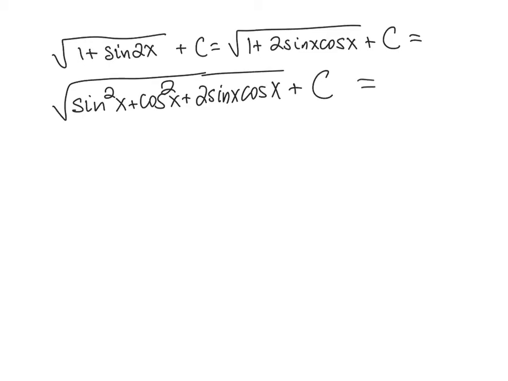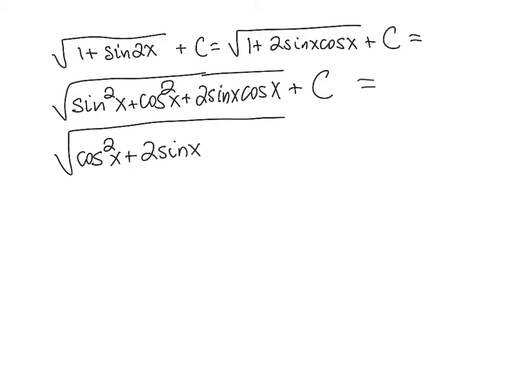And you can see the quantity inside the radical can be written as cosine squared of x plus 2 sine x cosine x plus sine squared of x, plus c.